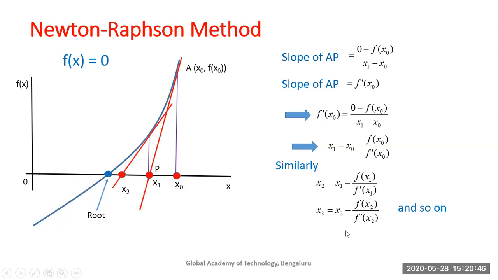If you want to know whether we have reached the actual root or not, you need to keep an eye on the numerator, that is, the f(x) values. When we go closer to the root, the value of the function becomes smaller and smaller. It goes towards 0. If the numerator becomes 0 or close to 0, then we are at the required root. This method is known as the Newton-Raphson method.